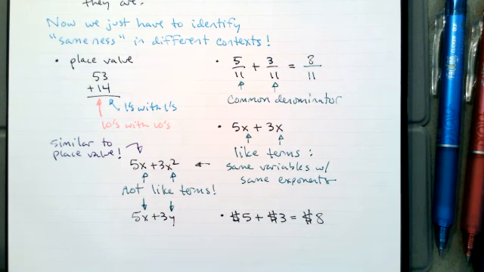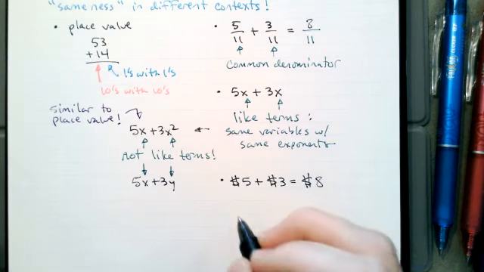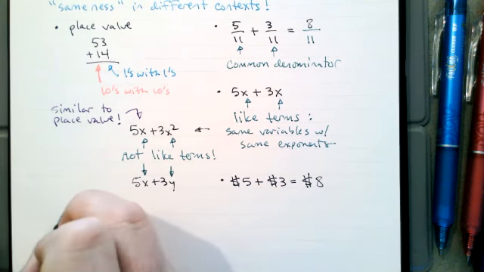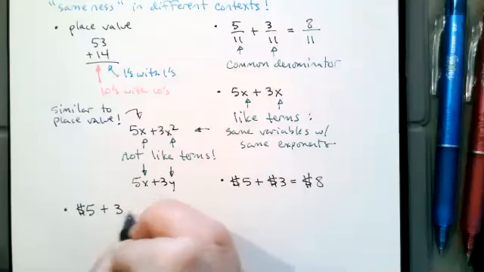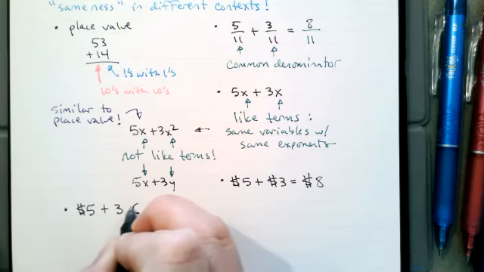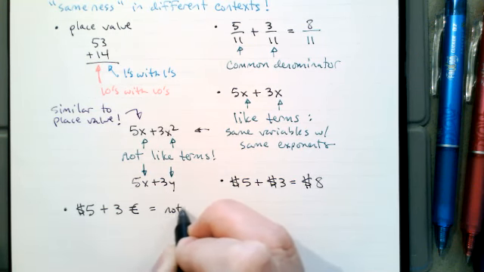And then similar to this, if we change one of the types of currency, when we had $5 and €3, this is not 8 of anything.